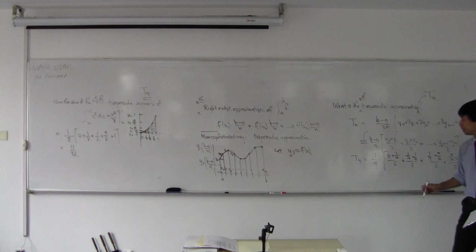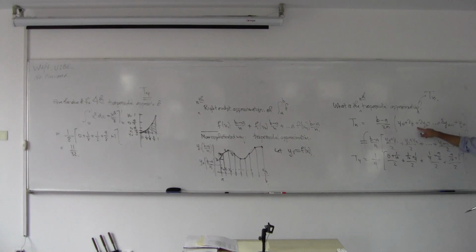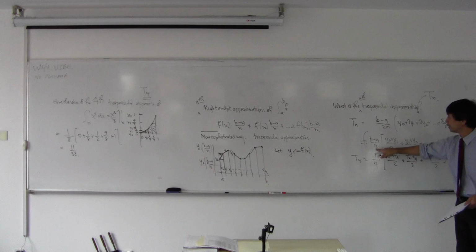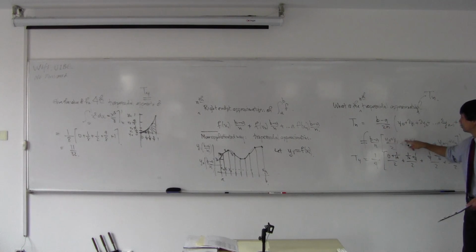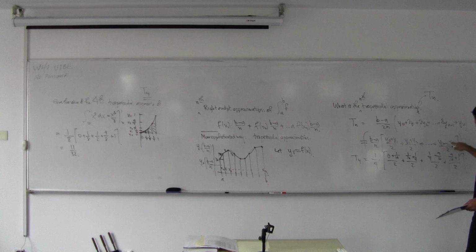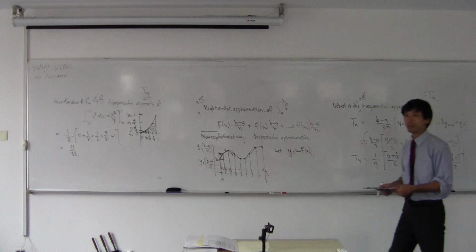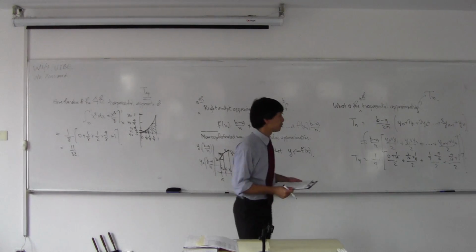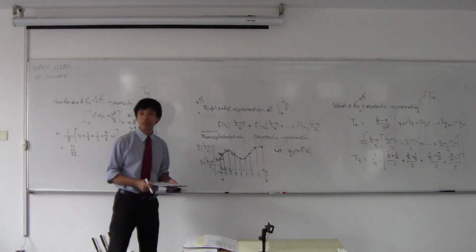You could do that, but it's the same thing as doing this, because you can pull the 2 out: b minus a over 2, and you get y0 plus y1 plus y1 plus y2 plus y2, so you get y0 plus 2y1 plus 2y2 plus 2y sub n minus 1 plus yn. So either way, you get the same thing.